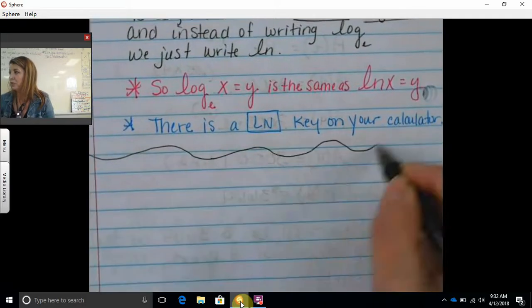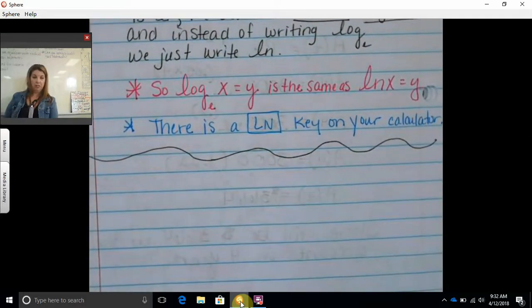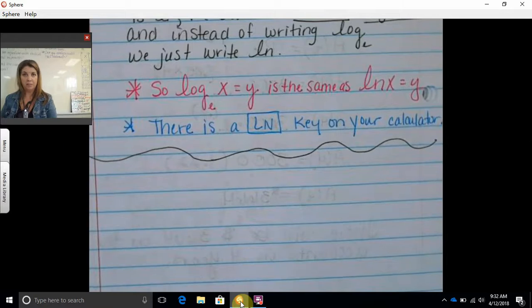Anybody have any questions before we start solving equations that have a natural logarithm? Yes, ma'am. Could you just explain the whole thing again? Not the whole thing, but like the first part.